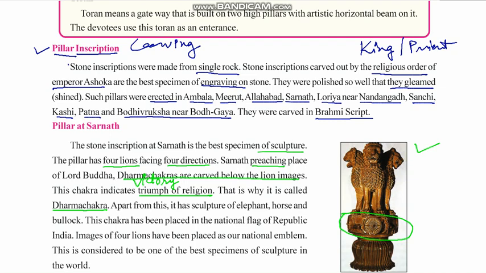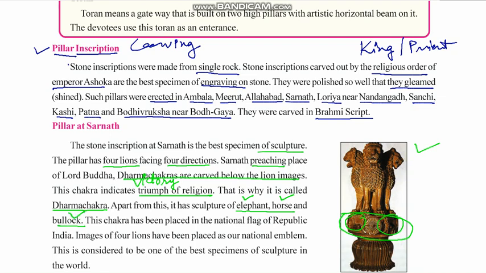Apart from this, it has sculptures of an elephant, a horse, and a bullock. You can see the various sculptures here, the horse, and on the other side the elephant and horse. Each of them is a symbol of different things: the elephant is the symbol of strength, the horse is the symbol of speed, and the bullock is a symbol of hard work.